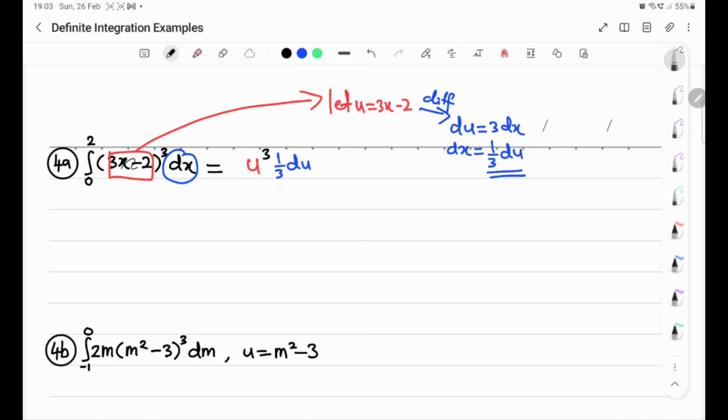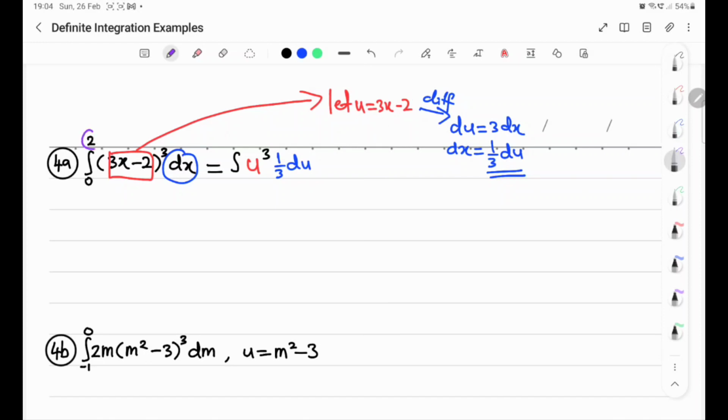Copy the integration sign from 0 to 2, but we have to bear in mind this is u, and the 0 and 2 are still the values of x. So we have to change the values of 2 and 0 by substituting them into this equation.